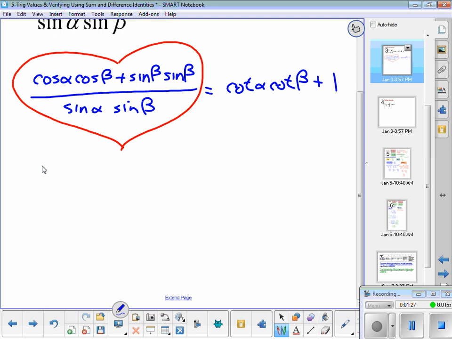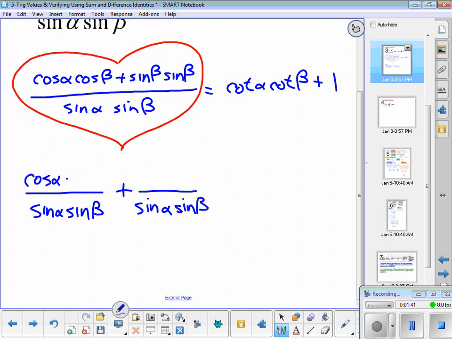Because essentially this could have come from two fractions, each having sine alpha, sine beta on the bottom. This top would have been cosine alpha, cosine beta, and this one is sine alpha, sine beta.